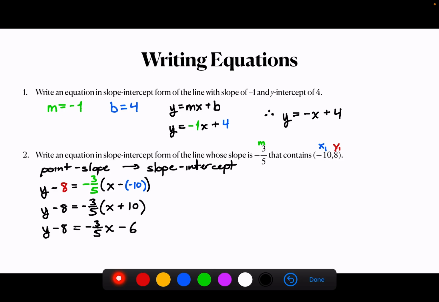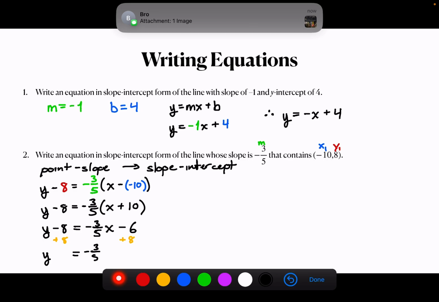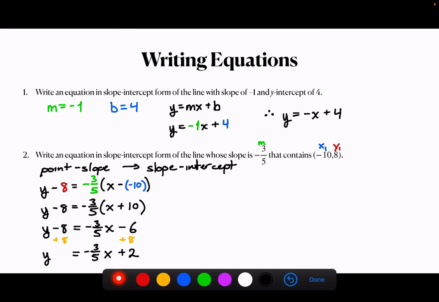Now we can add 8 to both sides. And now we end up with y equaling negative 3/5 x plus 2.